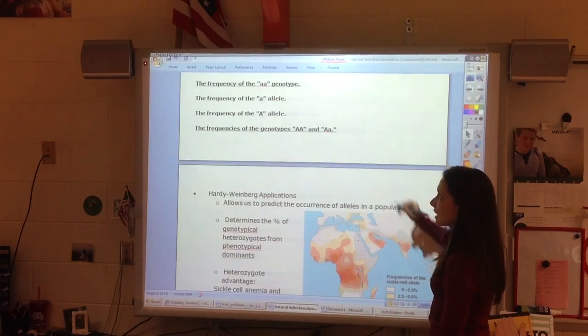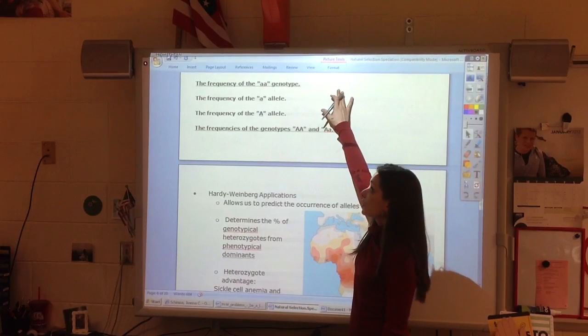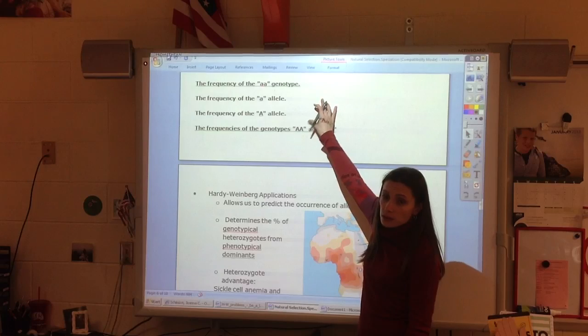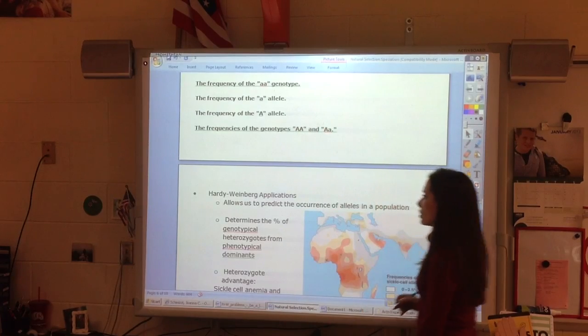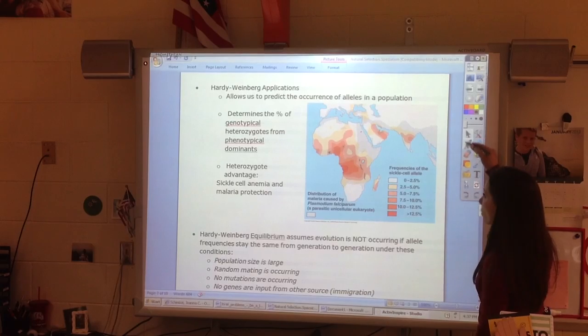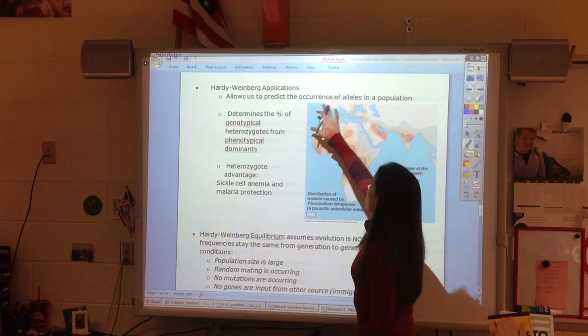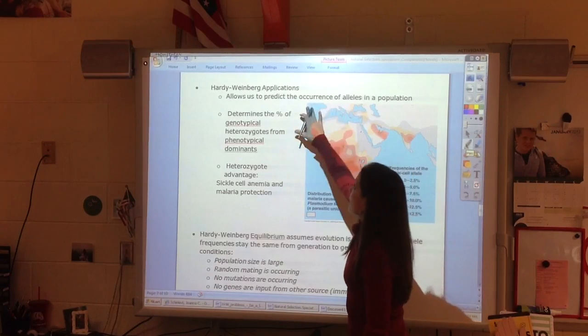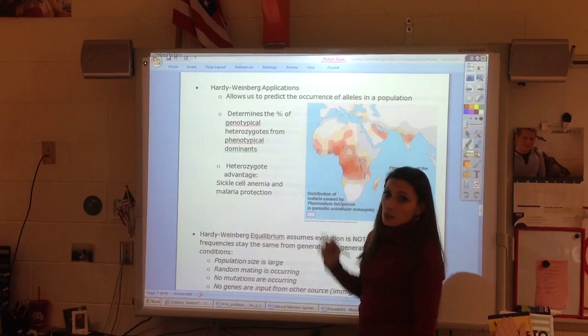We looked at being able to find the frequency of the genotypes, the frequency of the alleles going forward and backward. So now we look at what are the real applications of Hardy-Weinberg. One of them is just the truth that we can predict the occurrence of all alleles in a population.